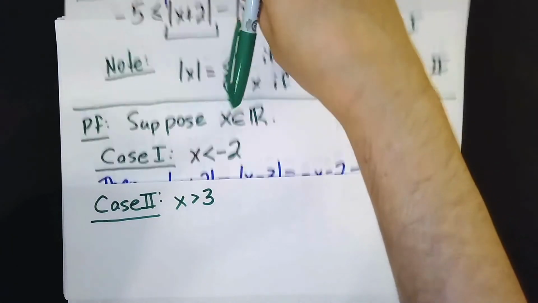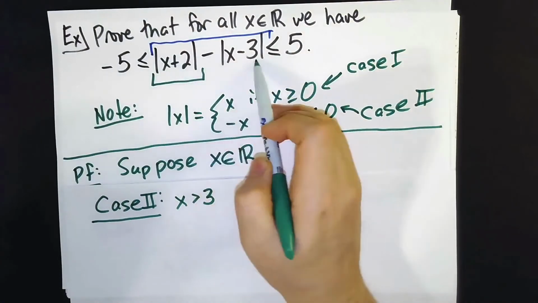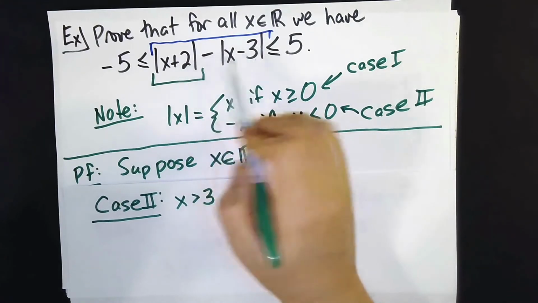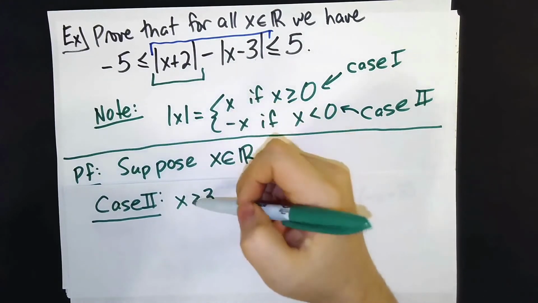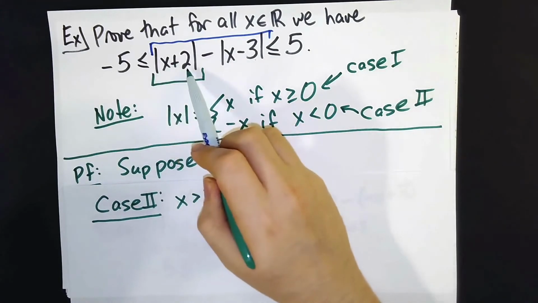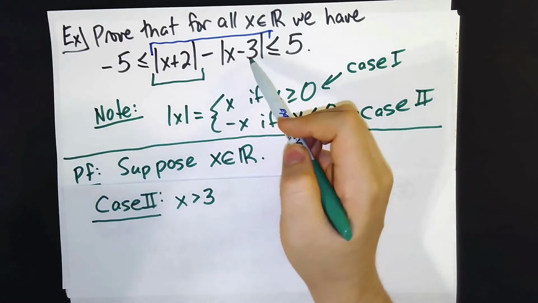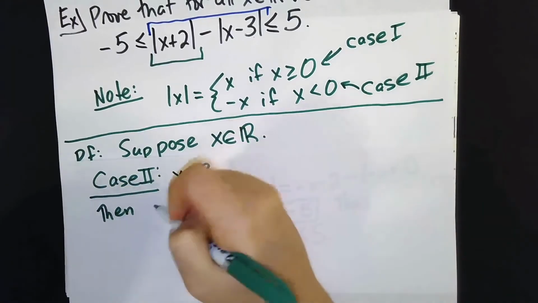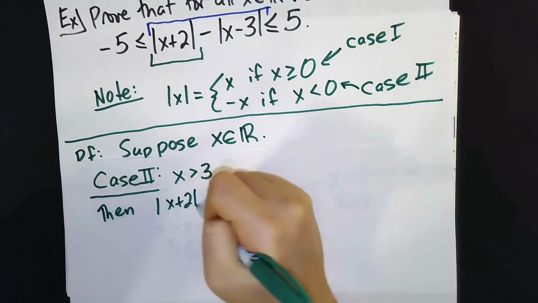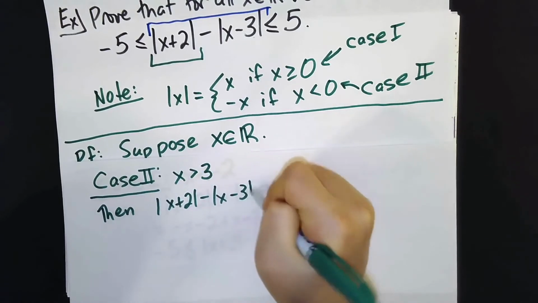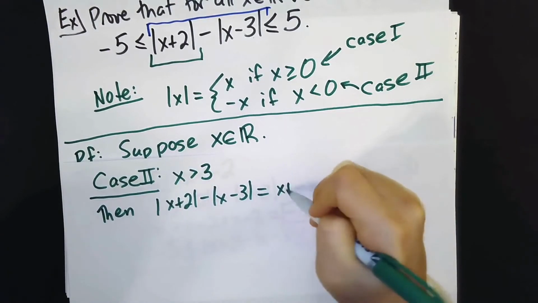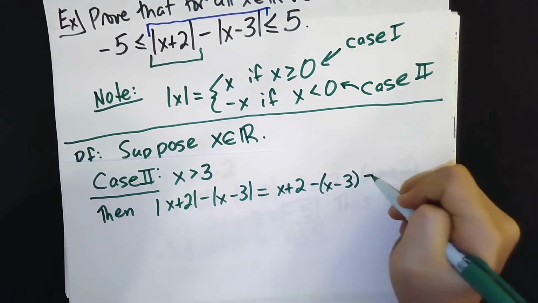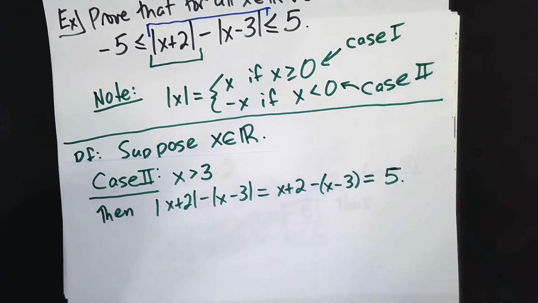Well, if x is greater than 3, that's when I know both of these absolute values are taking an absolute value of something positive. Because if x is bigger than 3, x plus 2 is bigger than 0, and x minus 3 is bigger than 0. And in a very similar fashion to the last case we did, when x is greater than 3, it turns out this quantity in the middle of our inequality we're trying to prove is identically 5.